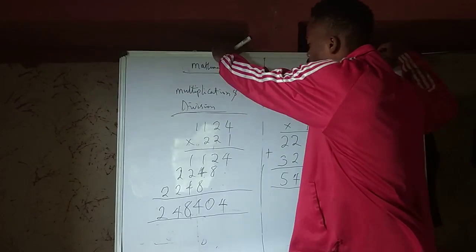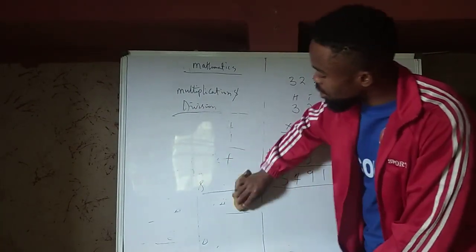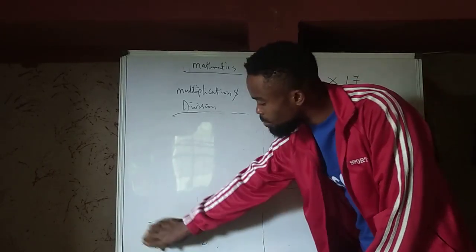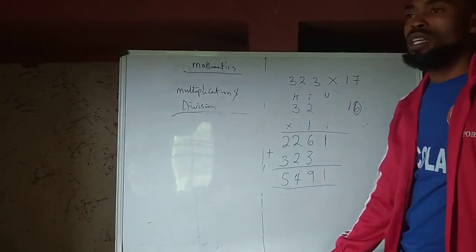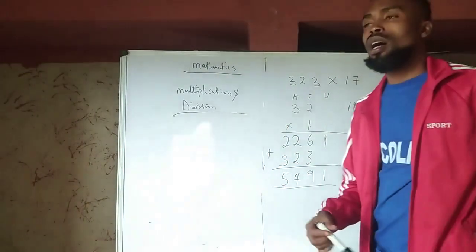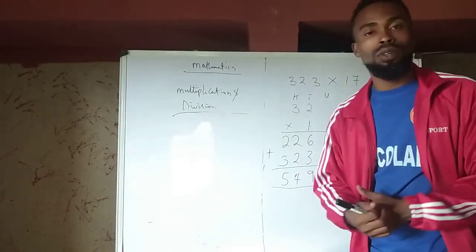One thing I would like you guys to know very well is your multiplication table for single digit numbers, because once you can do that, you will be able to do others. And again, please try repeating these examples that I have done.